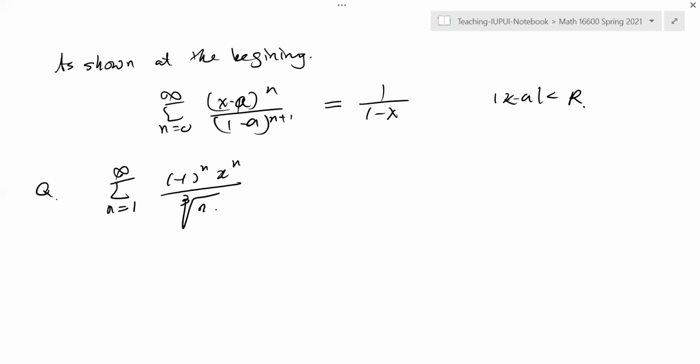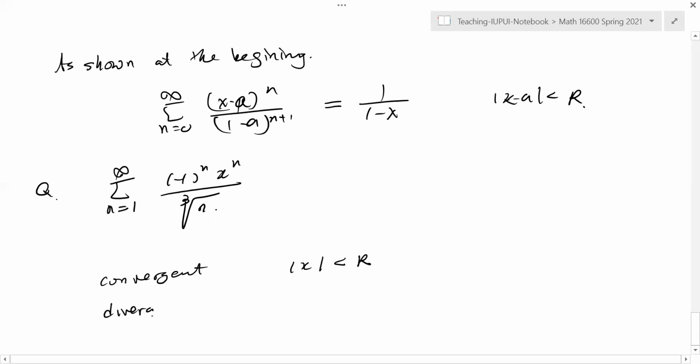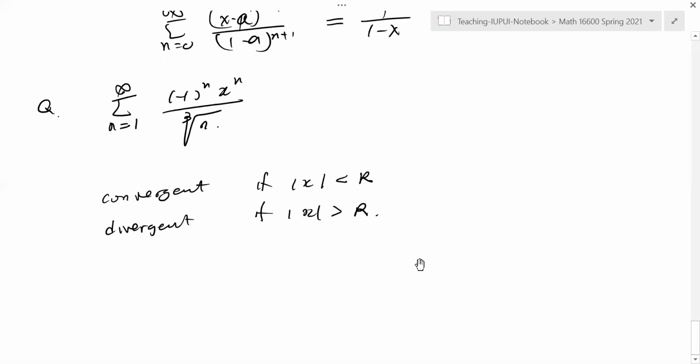So I know at the very beginning that this series is convergent if absolute x is less than R. It's divergent if absolute x is greater than R. We want to find out what that special number R is.